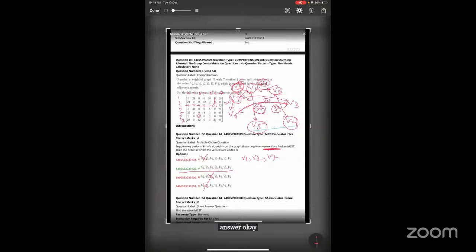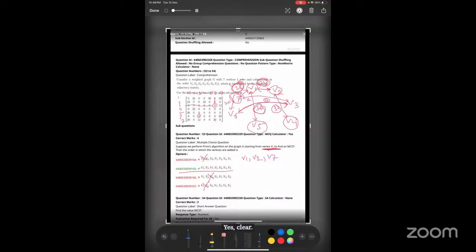Still, I have not understood. Can you please explain again? Okay. So you have to start with V1. Then we enlist V2 because of the least weight, right? The second step is clear, right? Yes, clear.